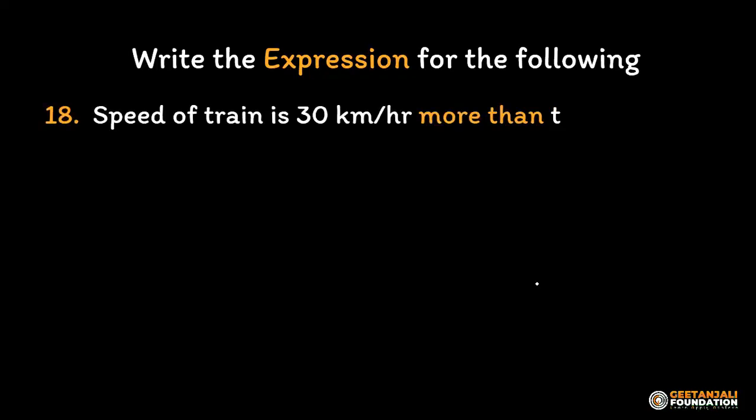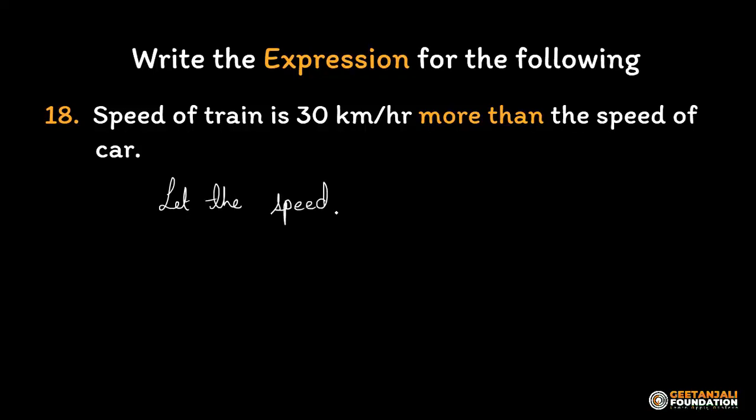Speed of train is 30 km per hour more than the speed of a car. So more than means you will add 30 to something. Now what is that something? You don't know, because the speed of car is not given. So you need to assume it. Let the speed of car be s km per hour.